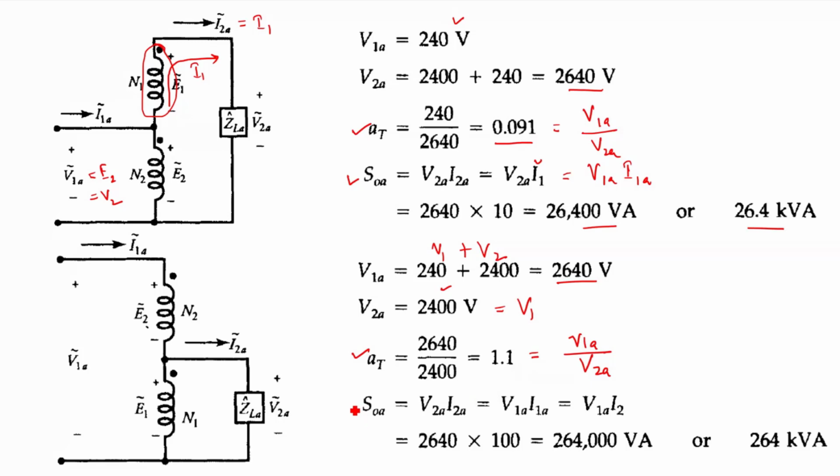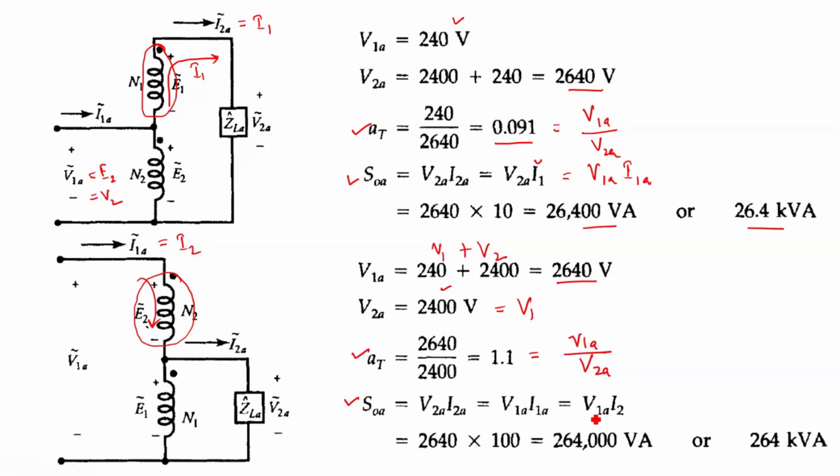Now if I find the rating of the autotransformer in kVA, then I have to find V2A into I2A, which is equal to V1A into I1A. Here I1A is equal to I2, because the winding associated with E2 is connected to the input circuit. So under rated condition I1A will be equal to I2.